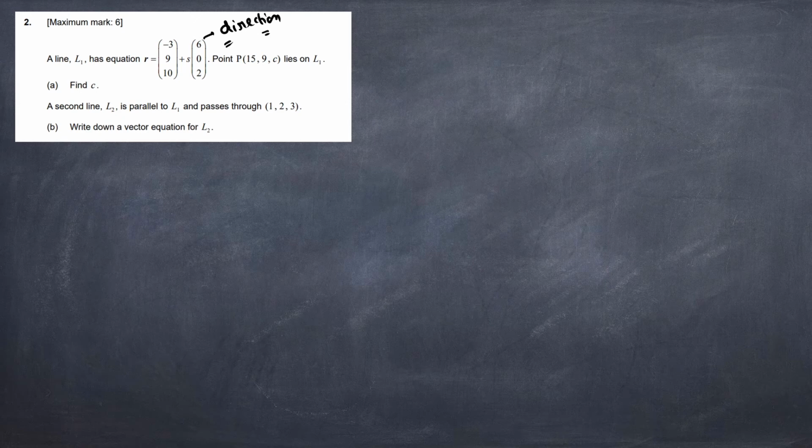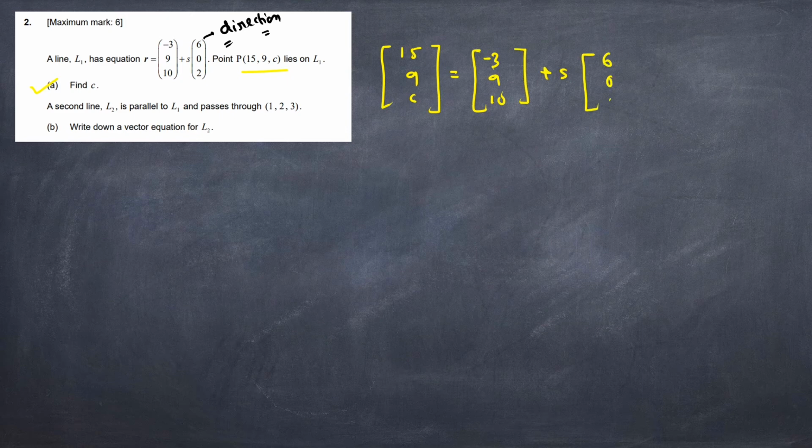So first, in the first problem, we need to find out the value of c. The question is L1 has equation this and the point (15, 9, c) lies on L1. So we can write (15, 9, c) is equal to (-3, 9, 10) plus s times (6, 0, 2).